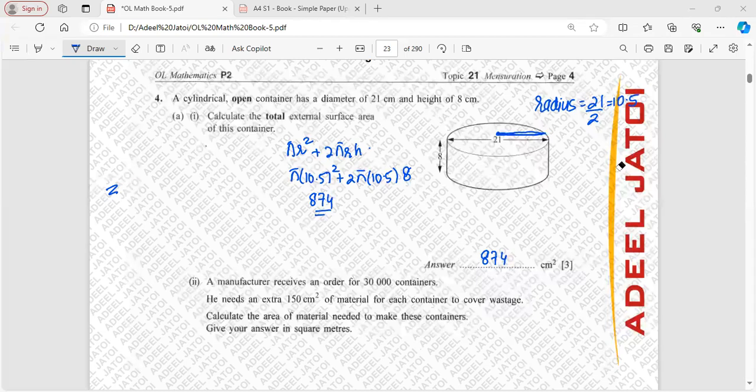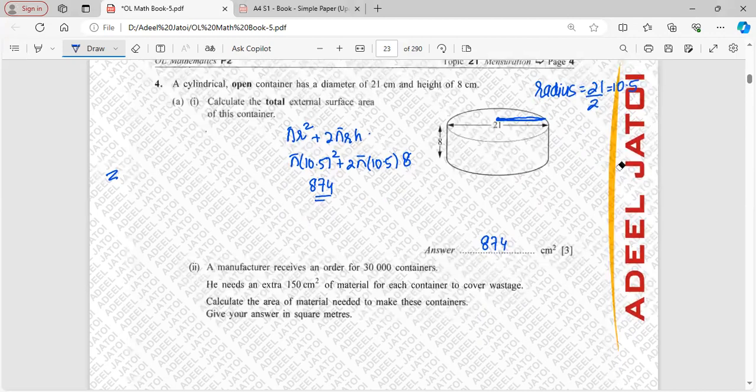Now, what does the second part say? A manufacturer receives an order of 30,000 containers. How many? 30,000 containers. He needs an extra 150 centimeter square of the material for each container to cover the waste.